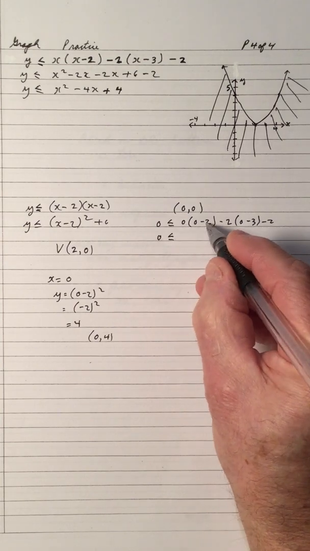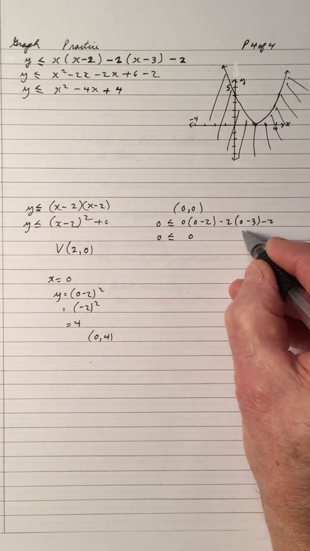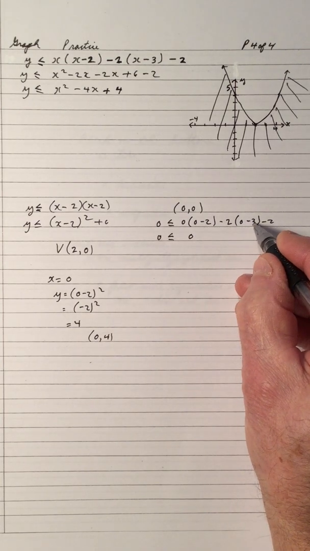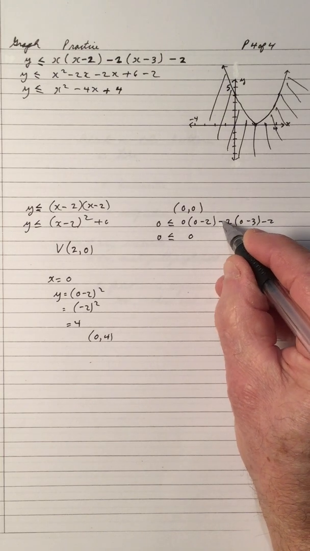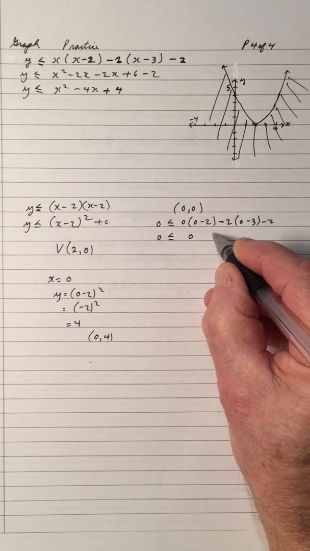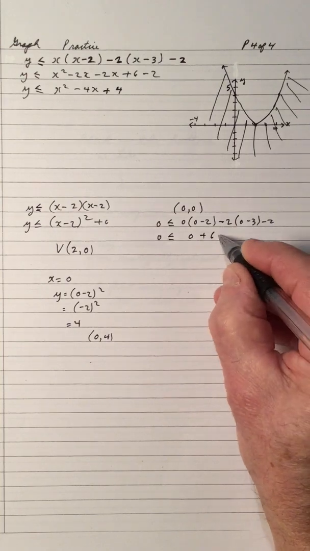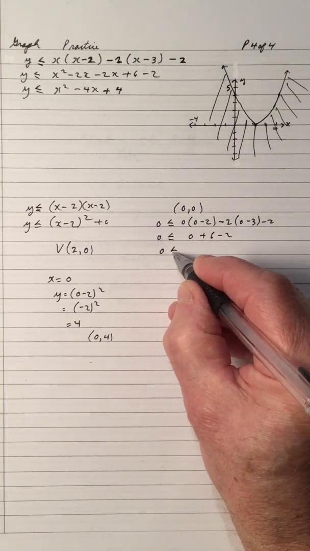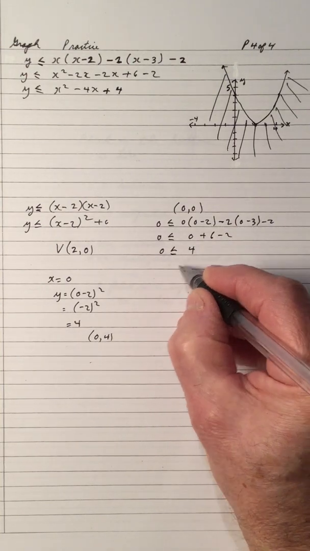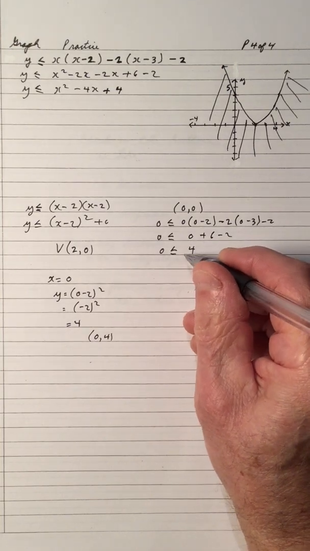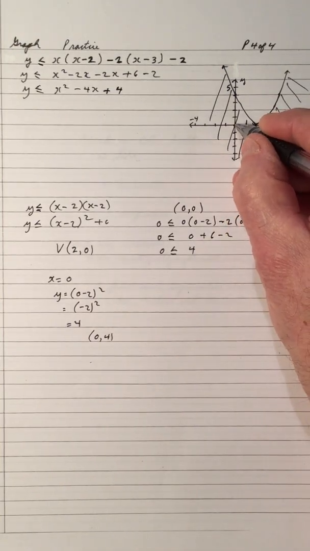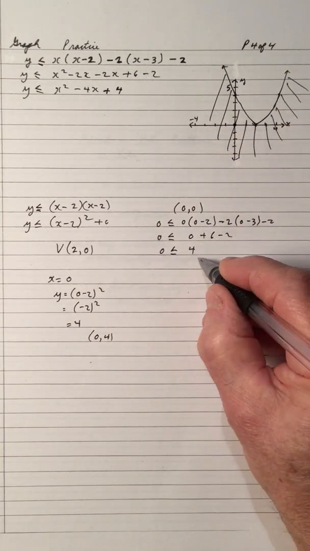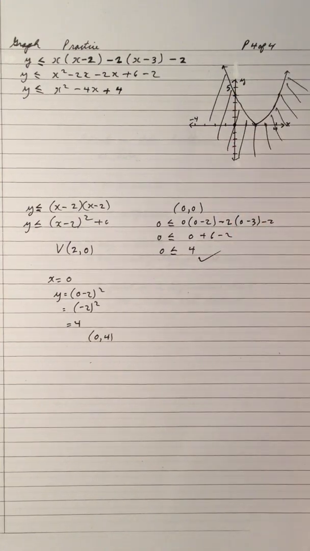So 0 times that bracket is 0, negative 3, so negative 2 times 3 is 6, minus 2... 0 is less than 4, yes. So this point, (0, 0), is true, so we're shaded okay.